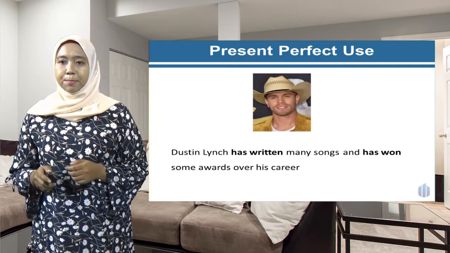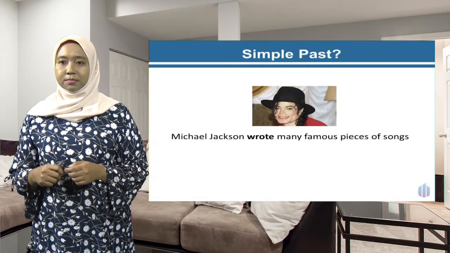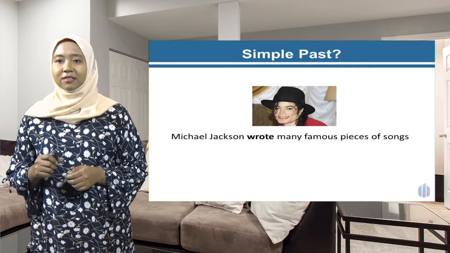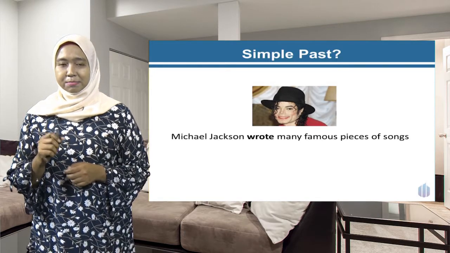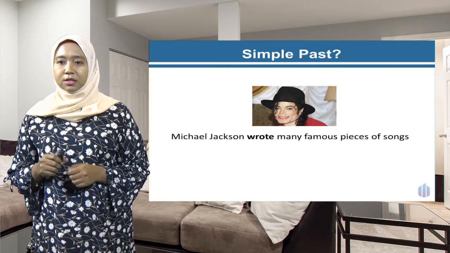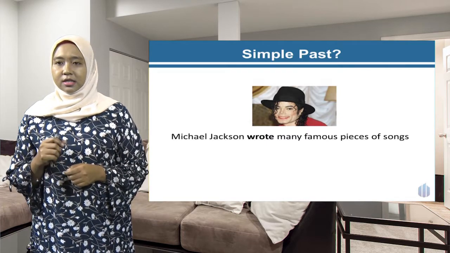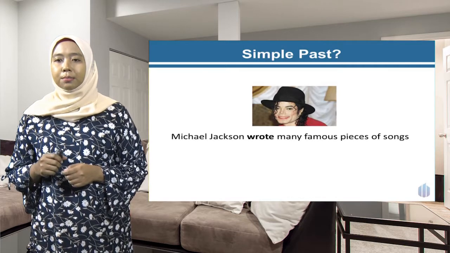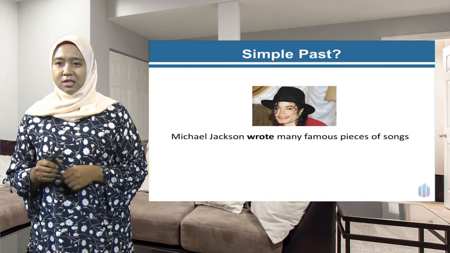Let's compare it to the simple past. Do you know who this is? It is Michael Jackson, the popular songwriter and singer in the world. Here is the sentence: Michael Jackson wrote many famous songs.